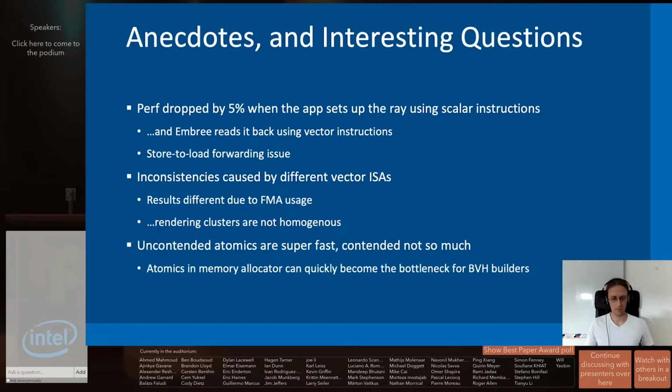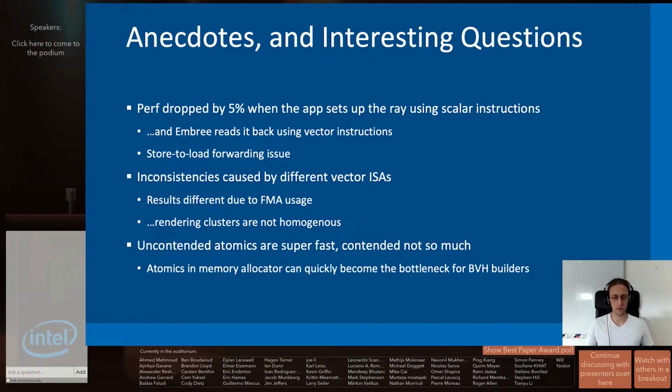Okay, yeah. Atomics. Atomics are fun on the CPU, in particular in terms of the BVH builder. We had used them quite a bit for memory allocation. The problem is, as long as they are uncontended, so only one or two threads doing these atomics, then everything is super fast.